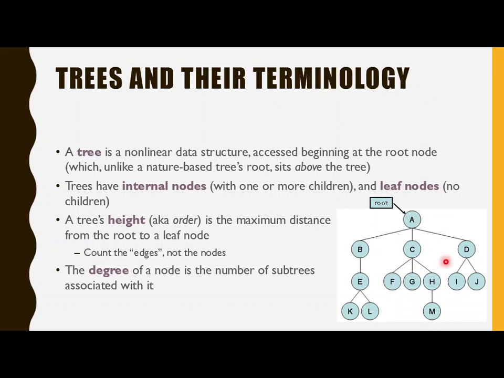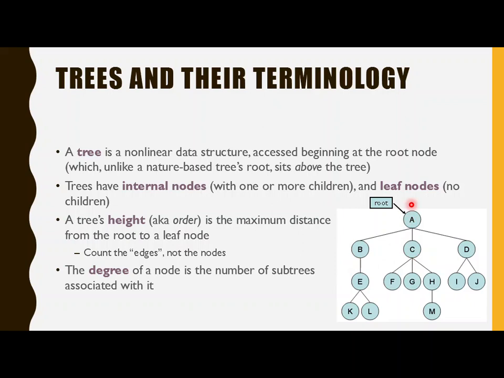So we find the longest one that we see and we count the edges. 1, 2, 3. So this has a height of 3. 1, 2, 3, right? This far left side. Center, 1, 2, 3. Right? 1, 2. So since this is longest, these two both have heights of 3, then we would say this overall tree has a height of 3.